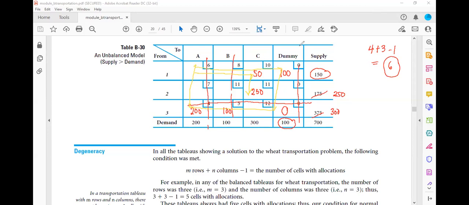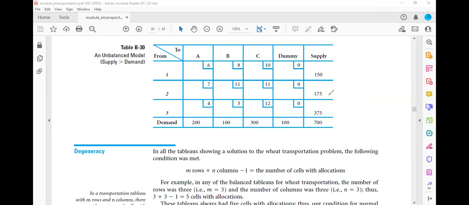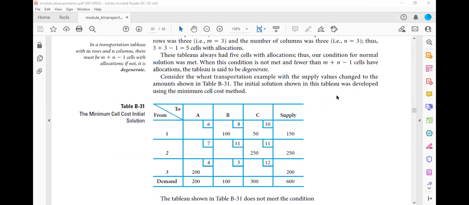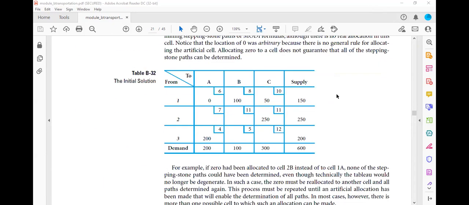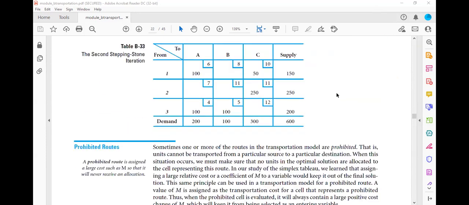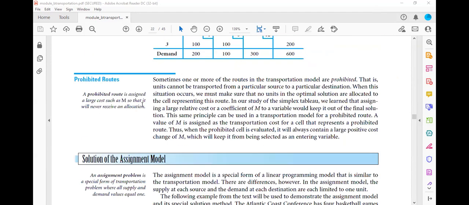Okay. Let me just clear all the drawings. Another case, guys, is there are times when there are some routes that are not feasible o sabi nila prohibited. Now for prohibited routes, ang ginagawa naglalagay ng M. Okay, but for us, we will not put M, guys.